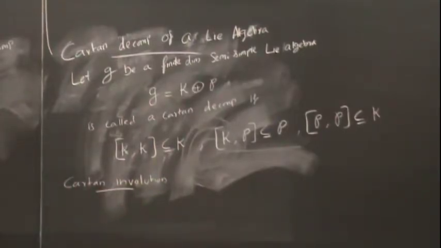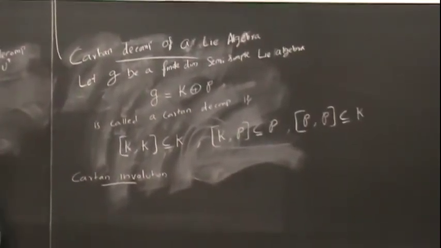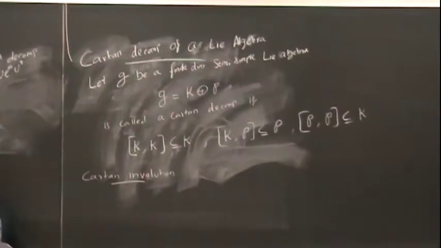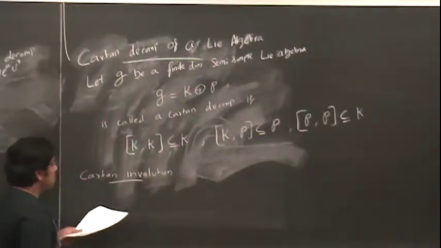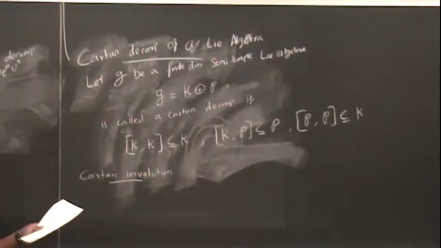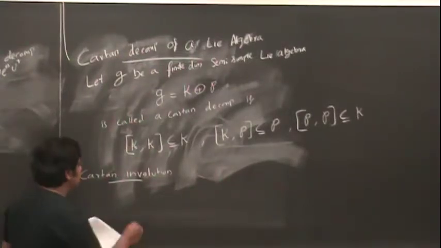Cartan involution is also a conjugation. It just means that you have a transformation that if you do it twice, you get back the element. In the notes I have written in a different notation, but I try to use the same thing as before.